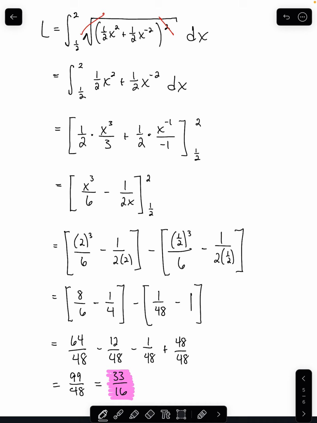One of those times is when at the endpoint of the interval, the function has an undefined derivative, such as the square root function, as an example.